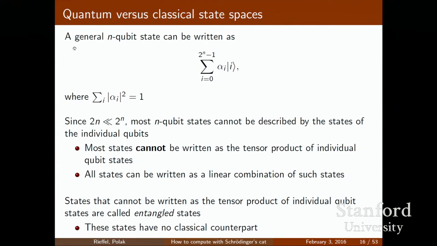Now, the interesting thing that happens here is that you have n qubits. Each qubit is described by 2 parameters, so you have 2n parameters. But the state actually has 2 to the n parameters. So what gives here? It turns out that most n-qubit states cannot be written as the tensor product of individual qubits.